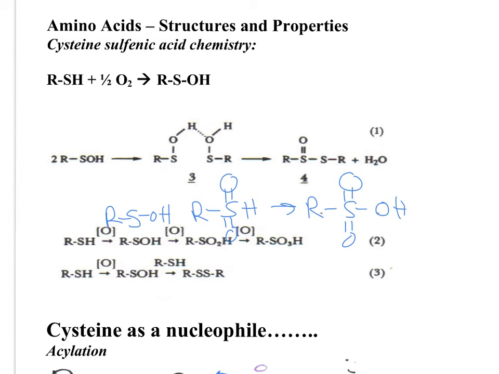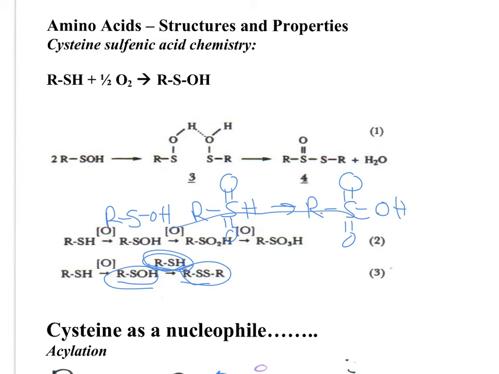So that's a bunch of different oxidations. It can react with oxygen further to go up the stream, or you can get a reaction with a sulfenic acid and a sulfhydryl to form a disulfide.